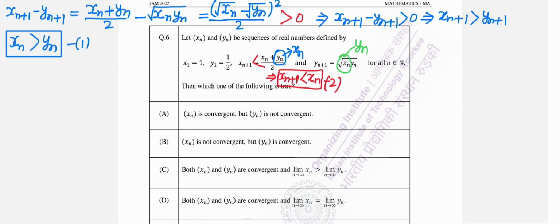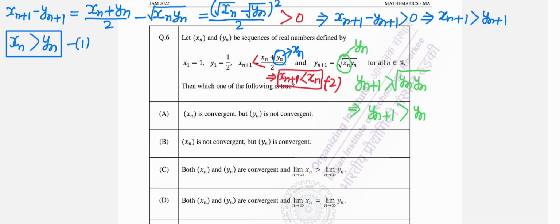Then what will happen, y n plus 1 will be greater, and here will be root of x n y n. This gives us y n plus 1 is greater than y n.